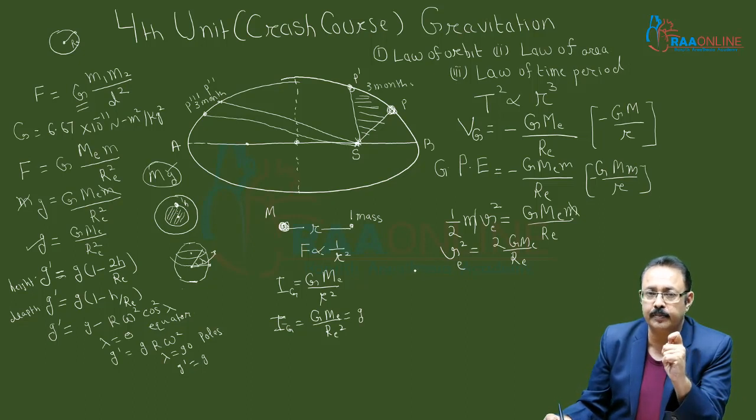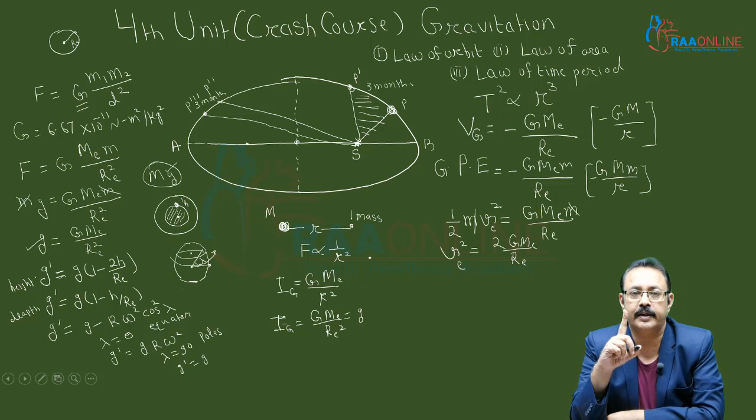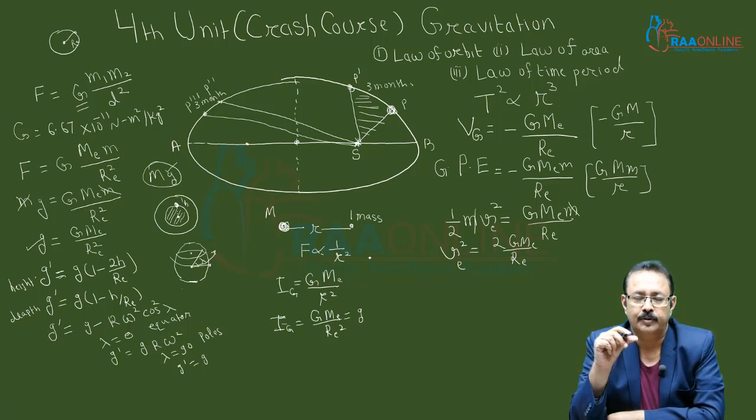Since the small m is cancelled out, it means escape velocity is independent of the mass. You throw a 1 kg mass or a 100 kg mass, the velocity for escaping from Earth's surface should be the same.